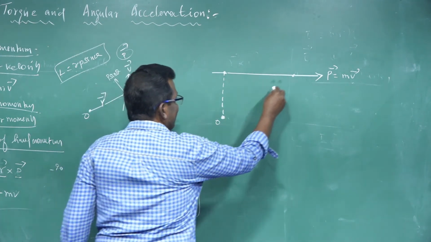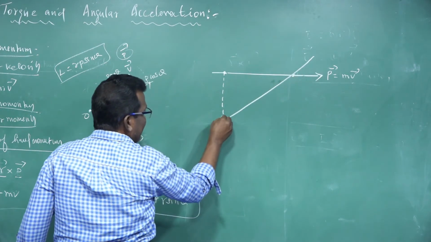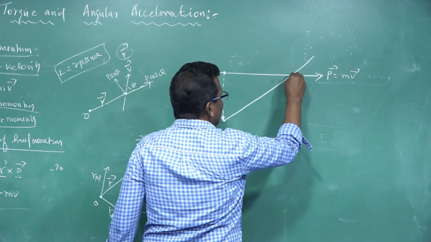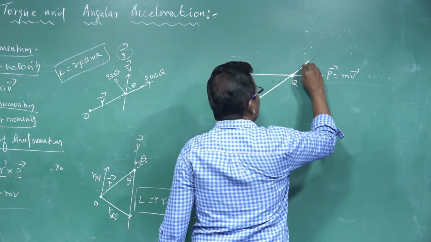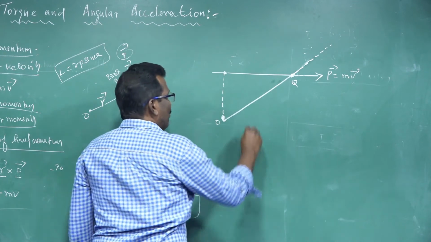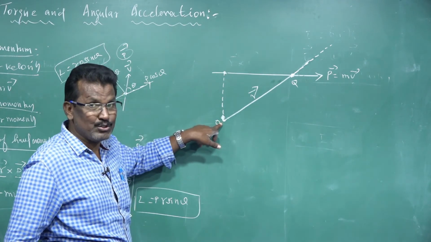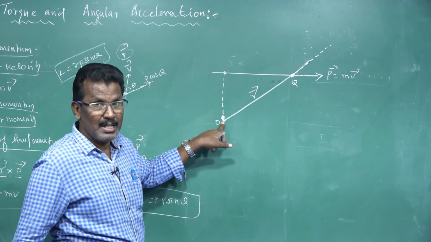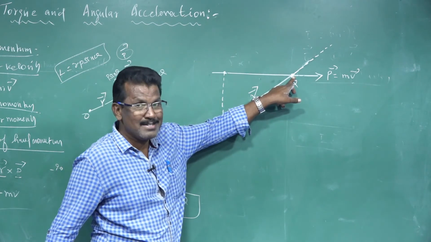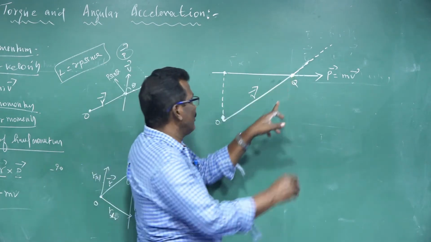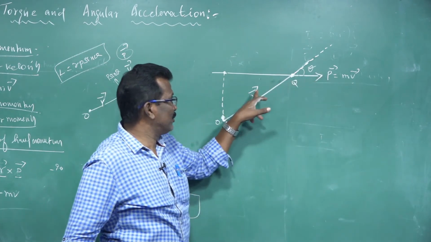At any instant, the perpendicular from this origin meets the path at a point Q. Now this is the position vector OQ. Theta is the angle between the momentum and the position vector, but the particle is moving in a straight line, not in a rotational path.